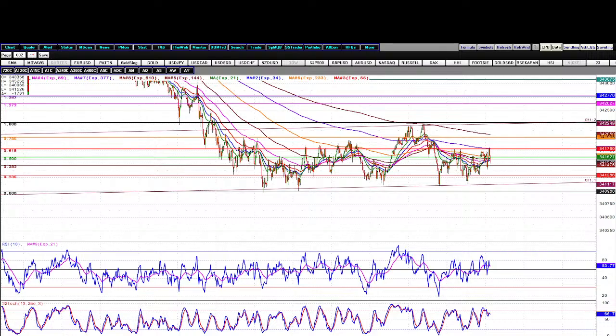So cautious sell gold, we are going to enter on two tiers, at 3420.5 and 3428.